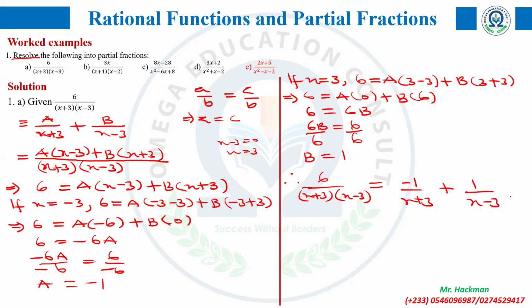But I've told you in maths, if you have a positive term and a negative term, you start with the positive term first. So as you mature, when you are carrying out your substitution, check which one is positive, which one is negative, and write the positive first. You can do away with this step and come straight to this, which will give you 1 over x minus 3, then the negative will come here: minus 1 over x plus 3.